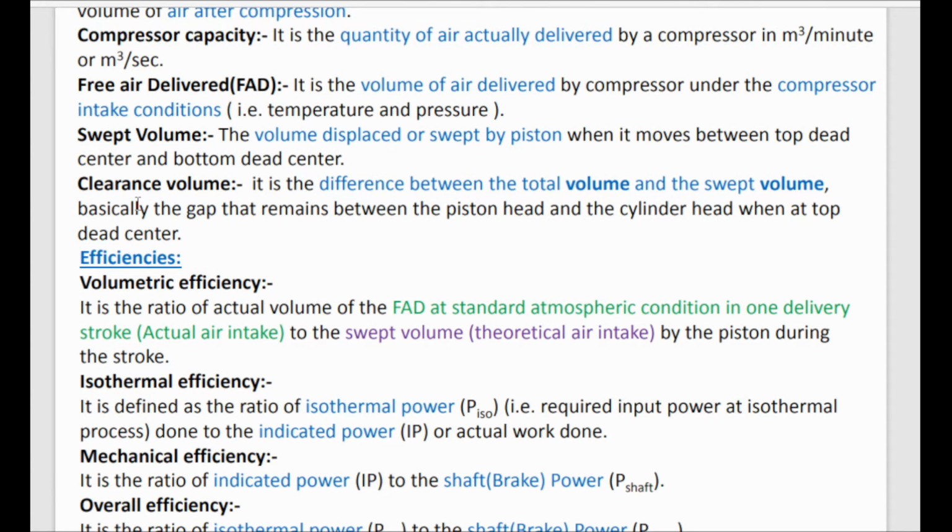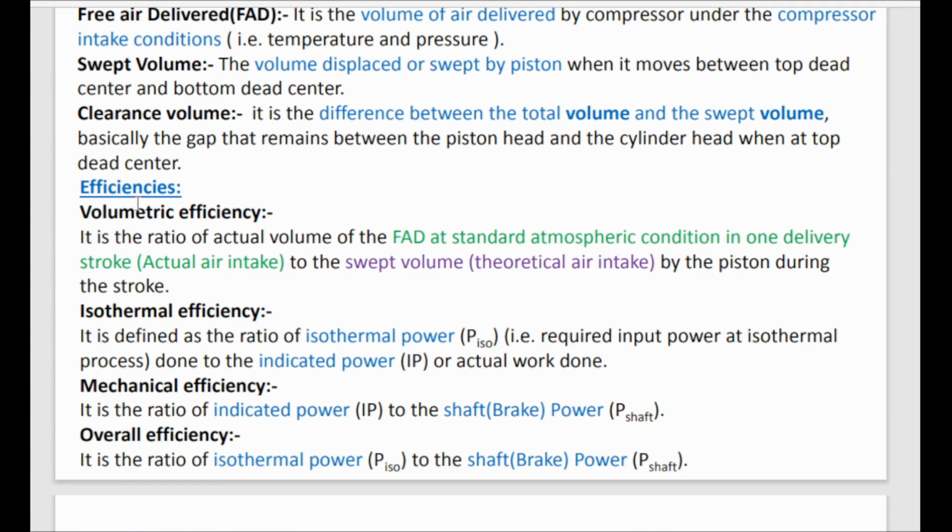And swept volume is the volume displaced or swept by the piston as it moves between top dead center and bottom dead center. It is simply the volume through which the piston is moving, that is the swept volume. And clearance volume is the volume which is on the upper part of the cylinder, where the walls are all kept.